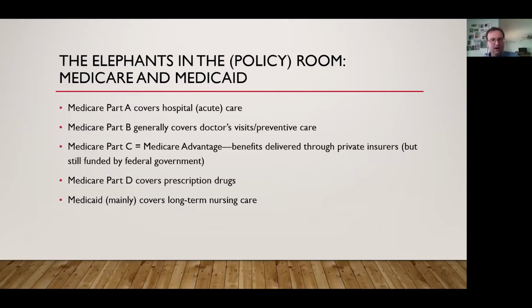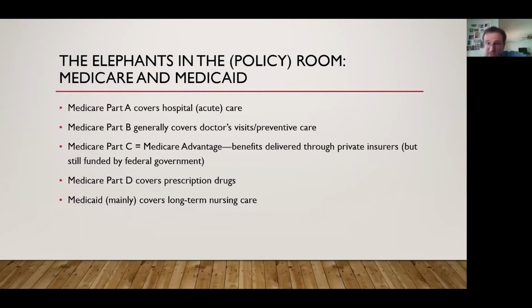Finally, our final policy building block here when it comes to care for seniors is, of course, Medicaid. Medicaid is a major player, sometimes overlooked, in terms of the huge policy footprint it has when it comes to senior care. And the reason it plays such a vital role is that, again, there are significant gaps in the original Medicare program.